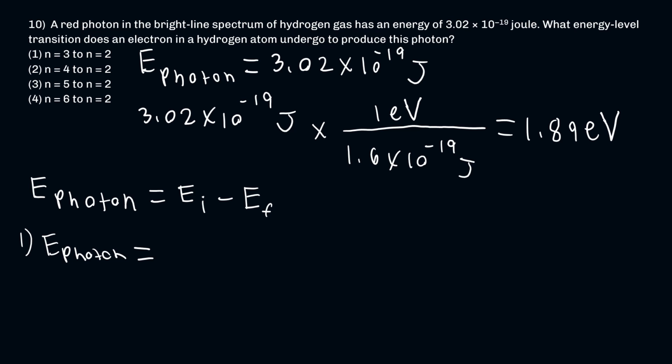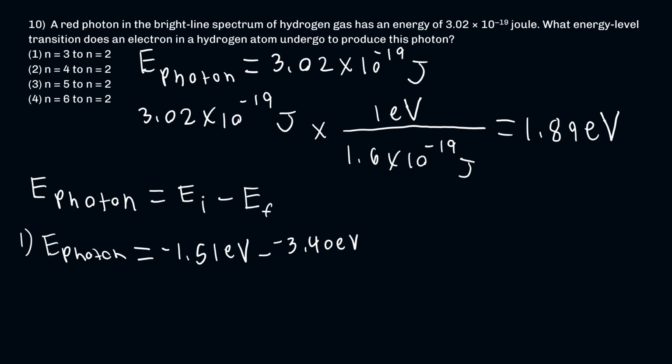So energy level 3 gives me an energy initial of negative 1.51 electron volts. That is going to be minus, then at energy level 2, that is going to be negative 3.4 electron volts.